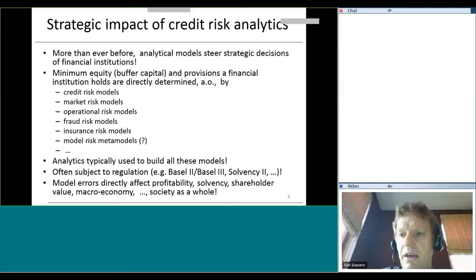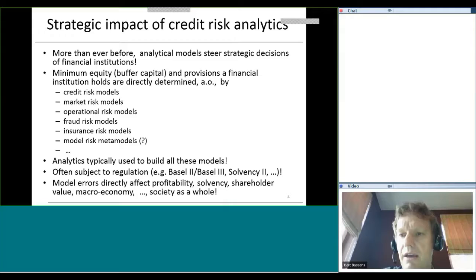So analytics is very important, and given this importance of analytics to financial institutions, to savings depositors, and as such to society as a whole, we see more and more regulation that has been introduced to steer the development of those analytical models. Obviously, you have heard of the Basel I, Basel II, Basel III Capital Accord.